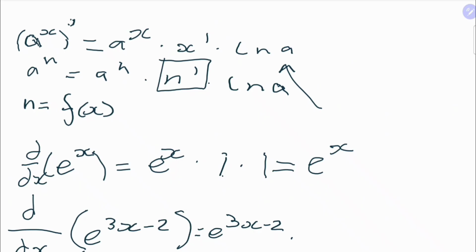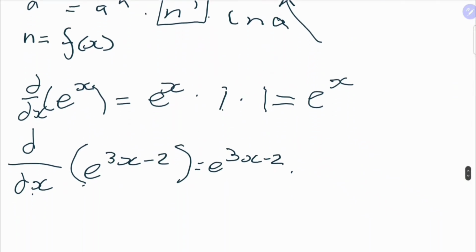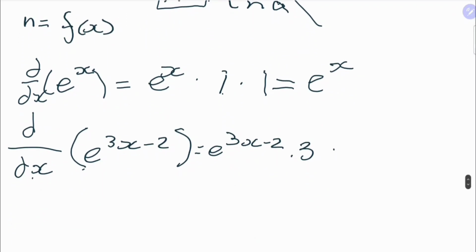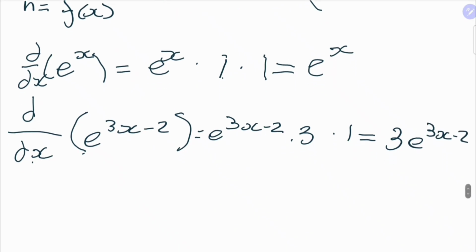The derivative of 3x minus 2 is 3, times the natural log of a, being e, which is 1. So it equals 3e to the 3x minus 2. Pretty simple, right?